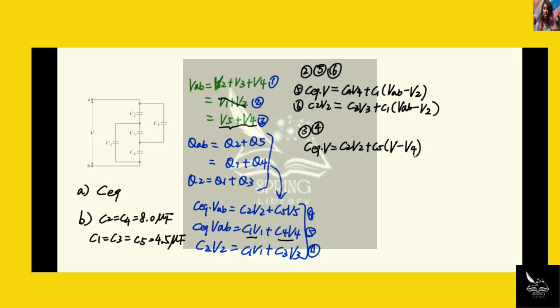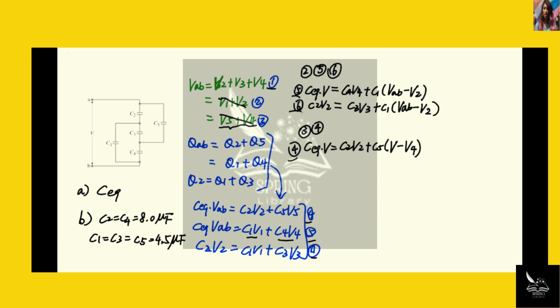So now we have equation 1 and equations 4, 5, 6, and all of them do not have V1 and V5 in them.